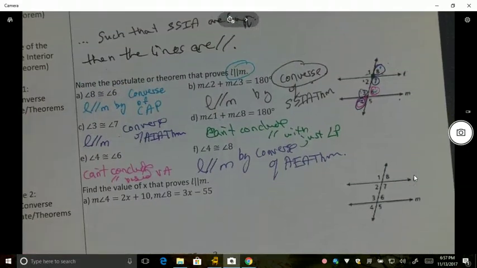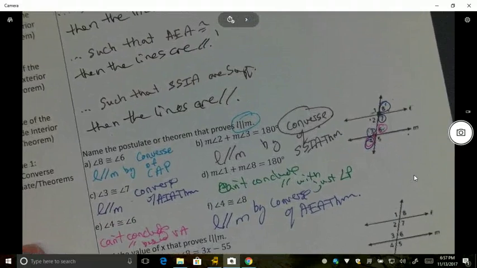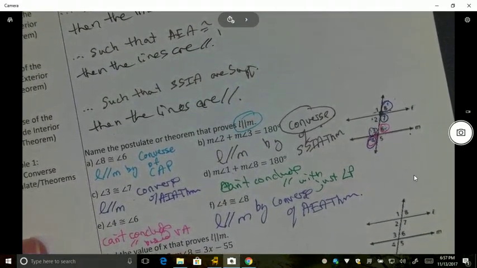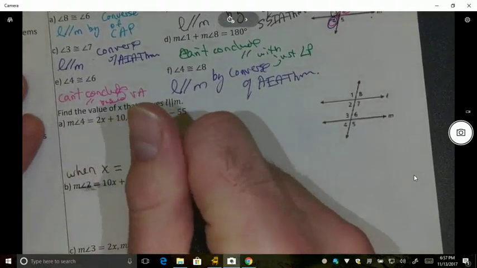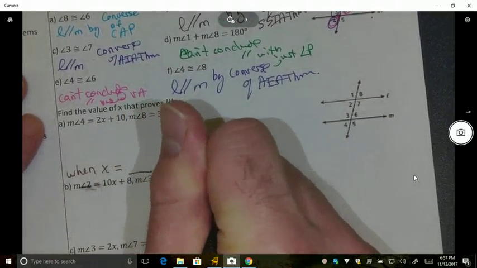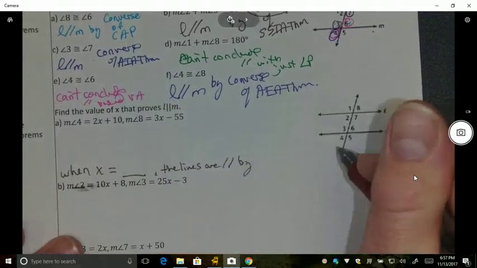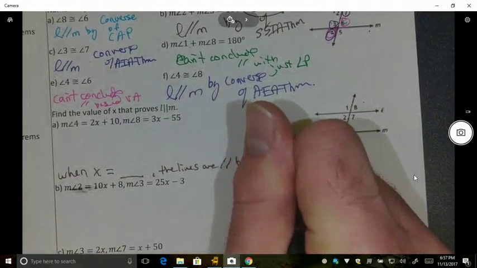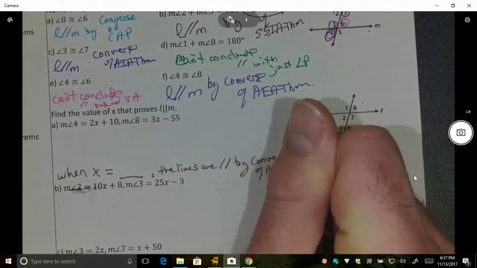So they're saying what value of x will prove the lines are parallel. So we're going to say when x equals blank, and I'm putting this at the bottom for my answer, the lines are parallel by, well, 4 and 8 are alternate exterior angles, so this would be by converse of alternate exterior angles theorem.